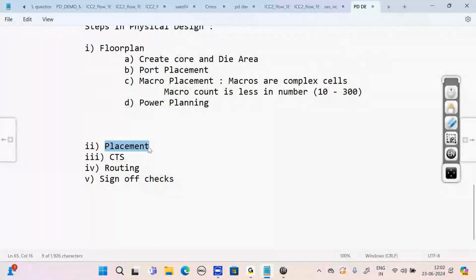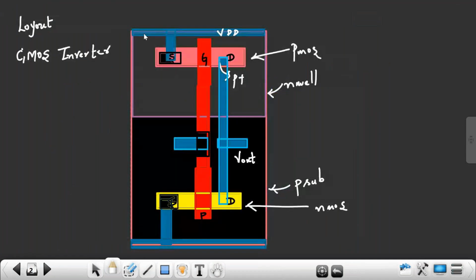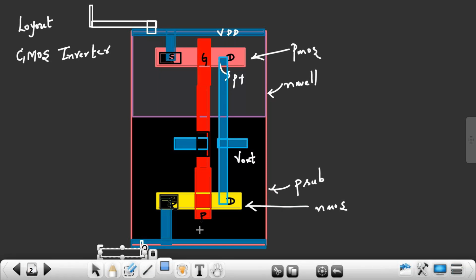After placing, this layout of cells requires VDD and VSS connection. This VDD and VSS rail is present inside my layout, and it should connect to the external VDD and VSS, right? All standard cells require VDD and VSS connection.